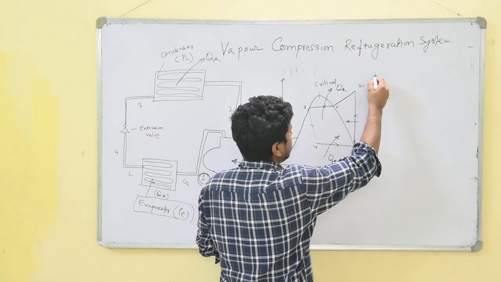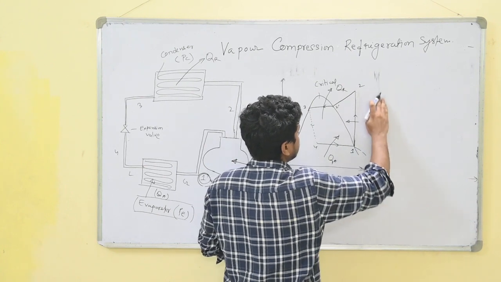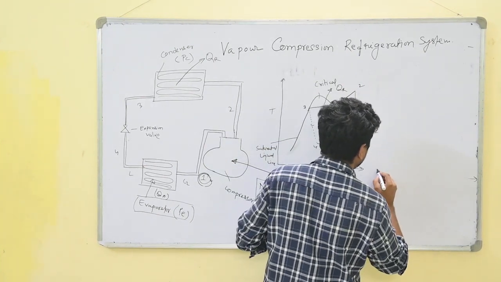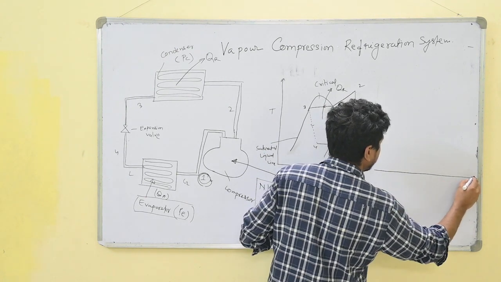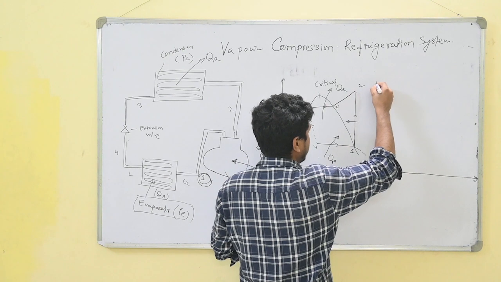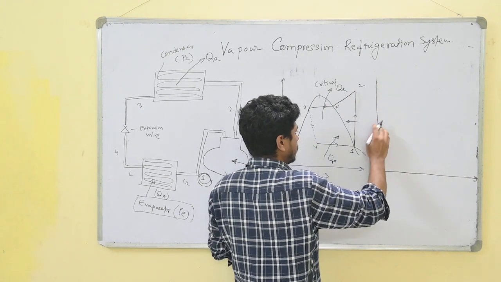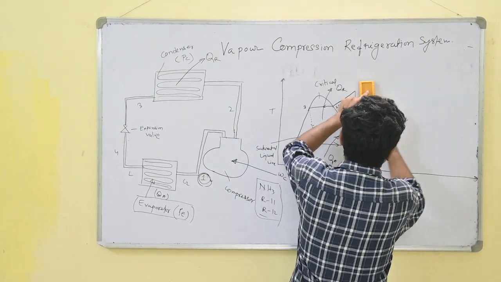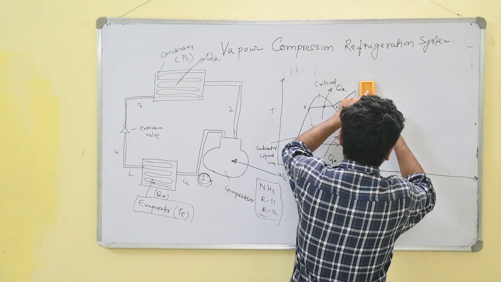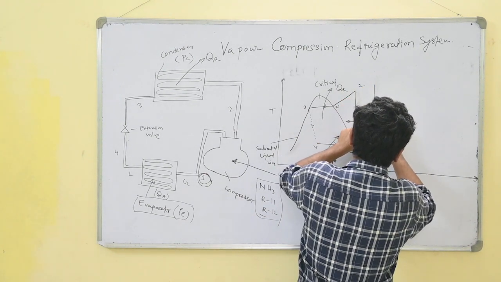Vertical lines represent the pressure lines, and horizontal lines represent the enthalpy lines.